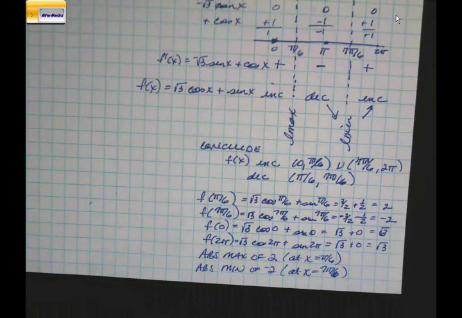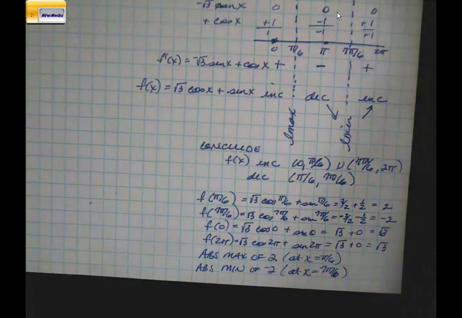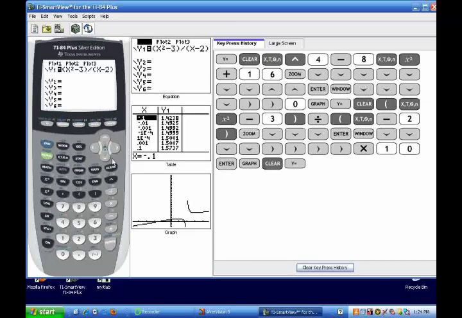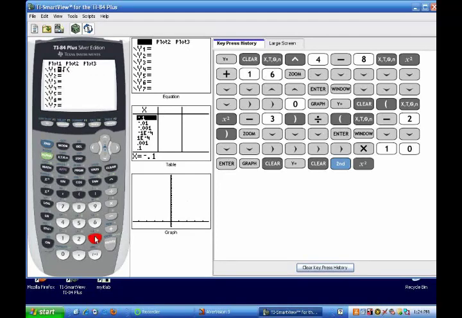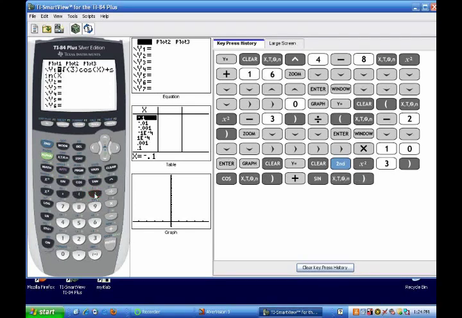Now, I wonder if we're accurate. This is when you pick up the handy-dandy little calculator and let her roll. This is trig stuff, so this is the square root of 3 cosine x plus sine x.